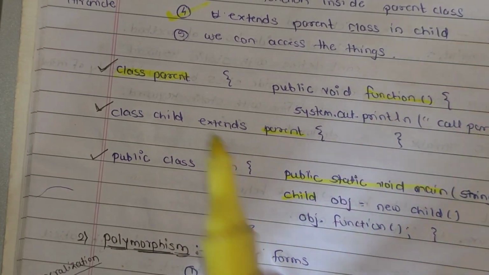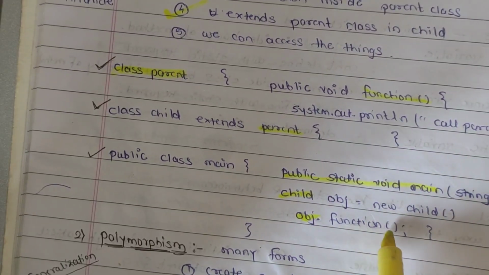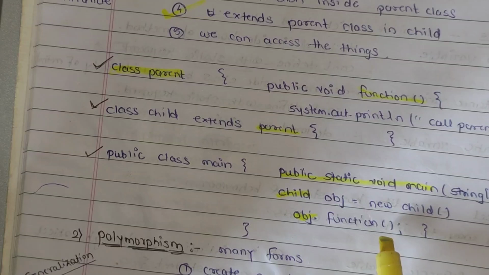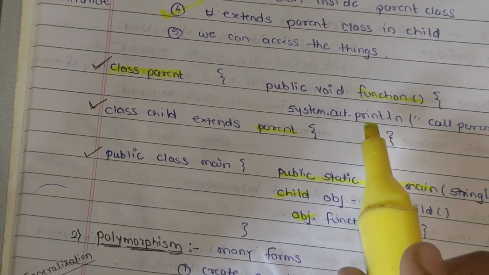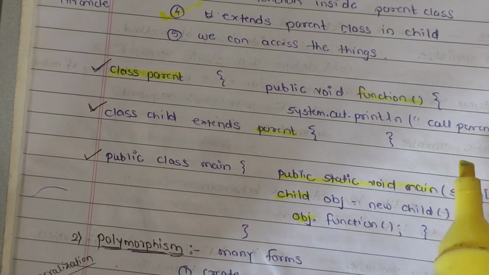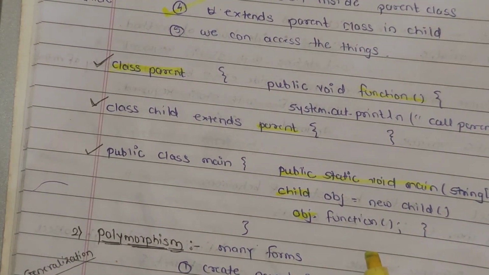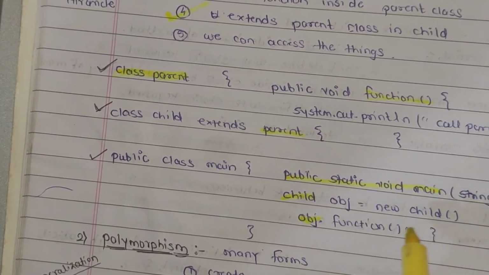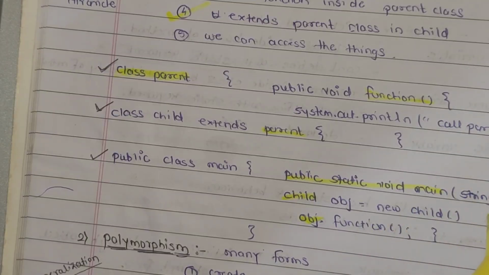With this reference we call the parent class method, which is function. With this function we will get the properties of call parent, whatever is present inside the System.out.println will come to this function. So what will the output be? Although it is a child class, in the output we will get call parent. This is nothing but inheritance.